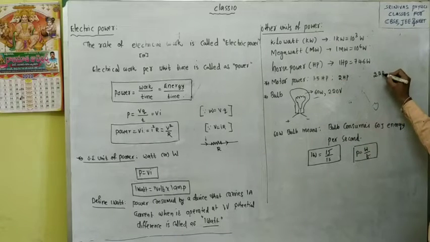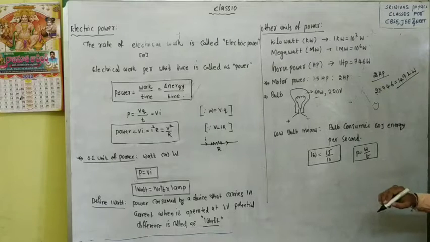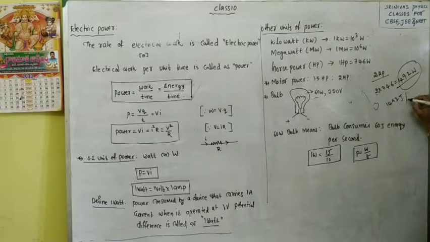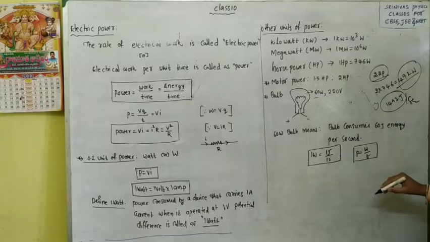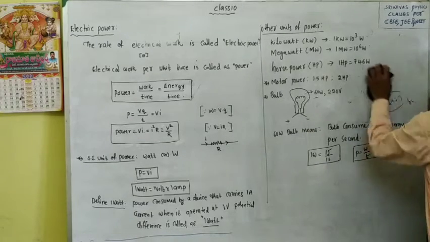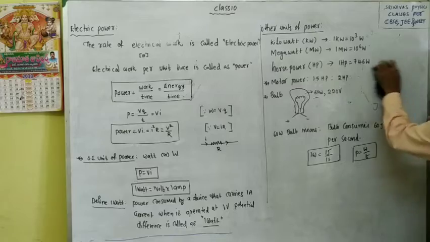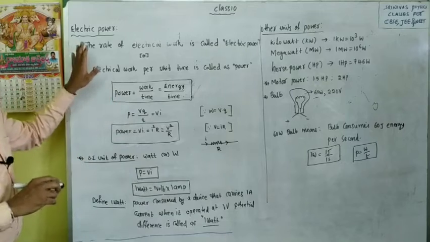What does a 2 HP motor mean? 2 into 746 is 1492 watts, that means 1492 joules every second. The 2 HP motor consumes 1492 joules of energy every second. This is the meaning of power: how much energy consumed in 1 second. Power means energy consumed per second.